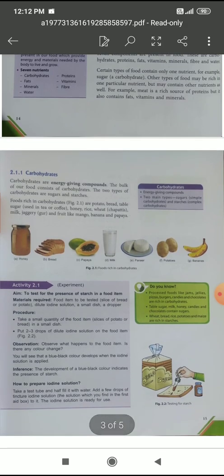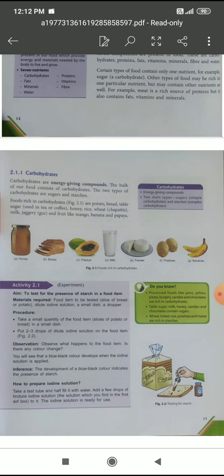Then we come to carbohydrates. Carbohydrates are energy giving compounds. The bulk of our food consists of carbohydrates. The two types of carbohydrates are sugar and starch.